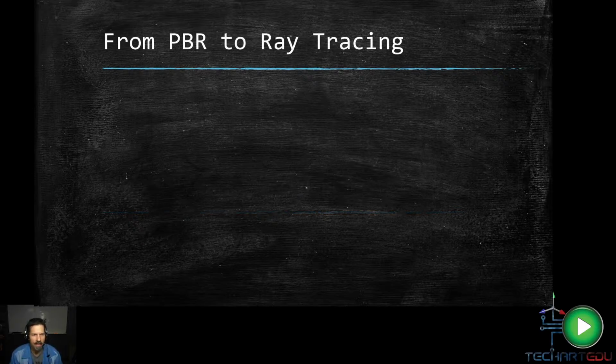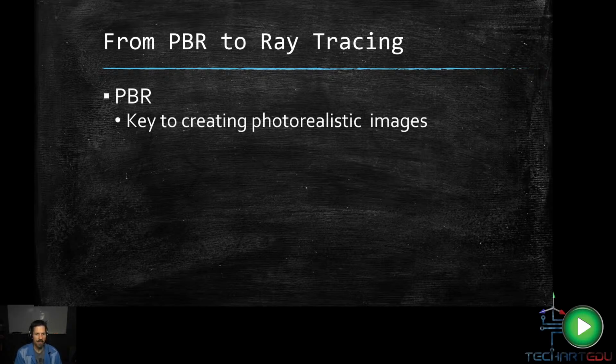Well, last week we gave a quick introduction to physically based rendering. Physically based rendering is awesome because it's the key to creating photorealistic images. Companies like Epic and Unity have been able to get real-time engines to display physically based rendering in real time, which looks awesome.